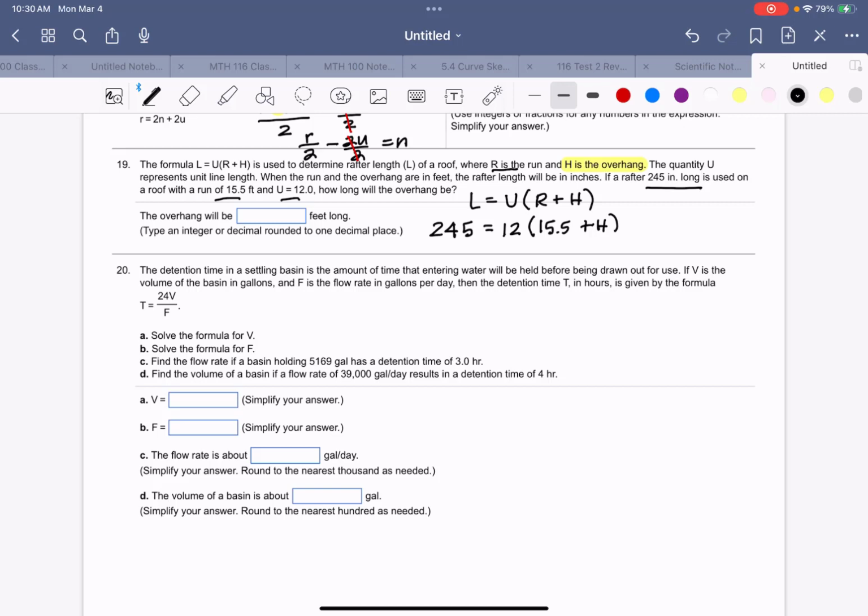So we have 245 equals 12 times, in parentheses, 15.5 plus H.